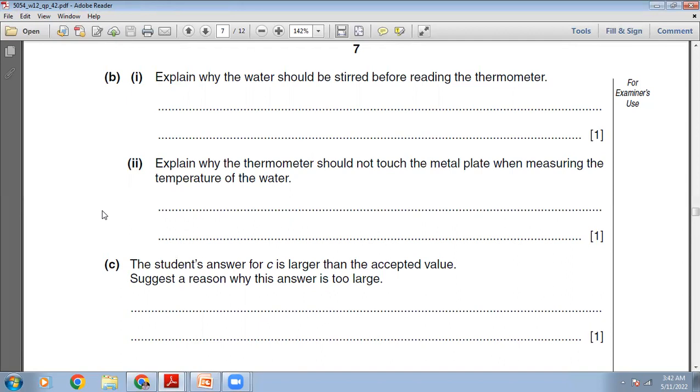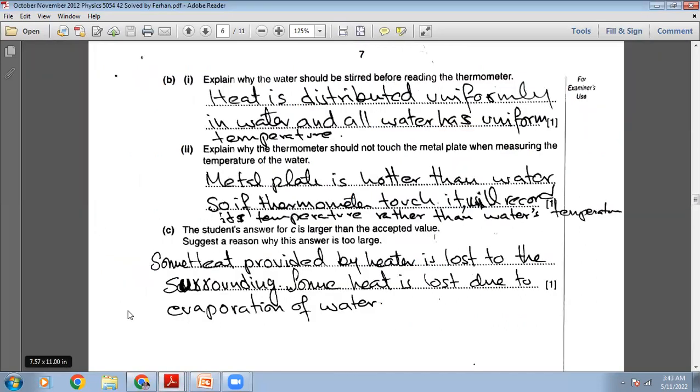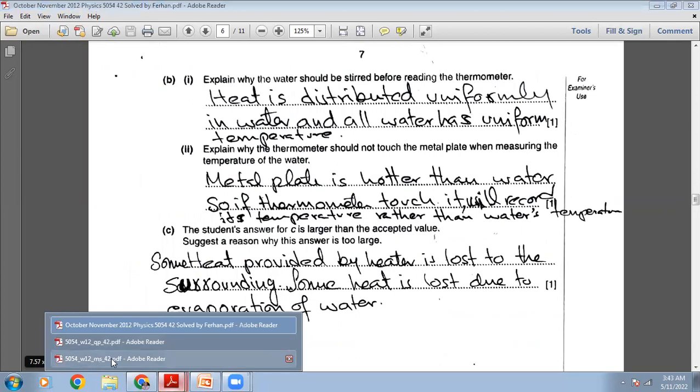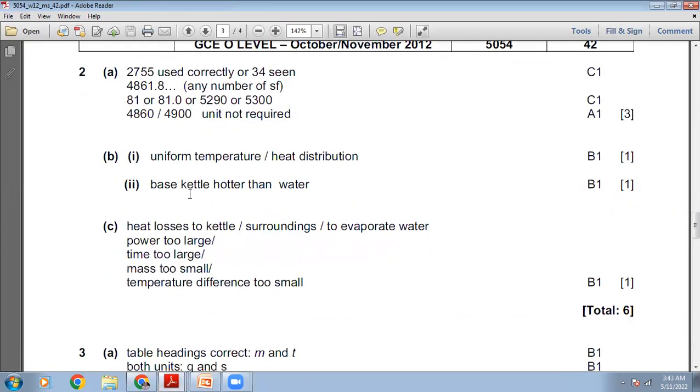The hot metal plate will be at a higher temperature compared to the water. So that's my answer: the base of the kettle is hotter than the water.